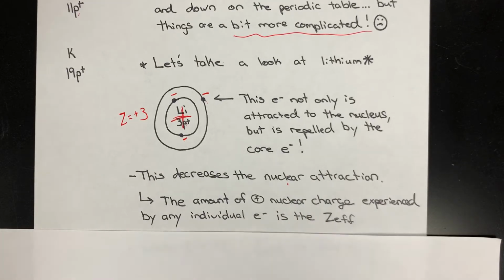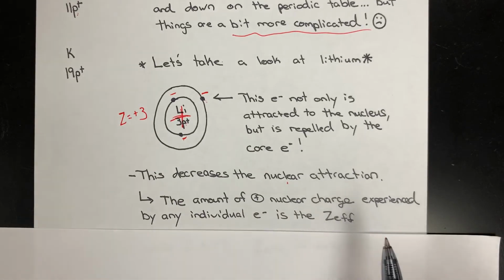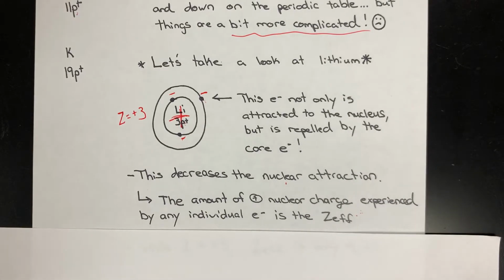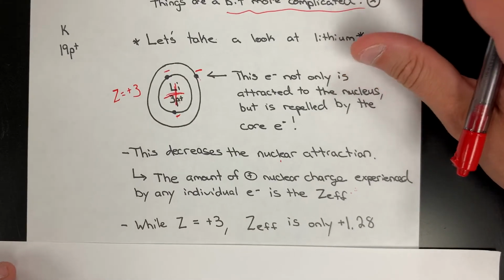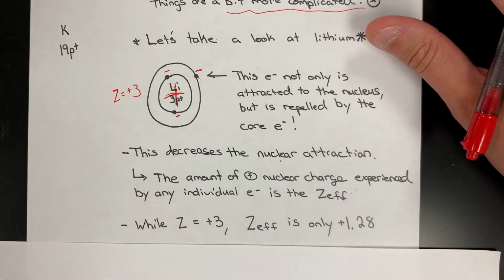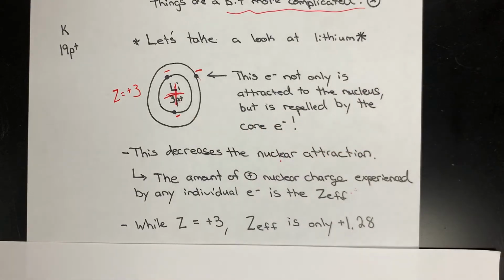And so as far as the formal definition goes for effective nuclear charge, the amount of positive nuclear charge that is experienced by any individual electron is the effective nuclear charge. The difference is how we go from nuclear charge to effective nuclear charge, given that at times, because of this repulsive effect we just discussed, that nuclear charge can actually be diminished.